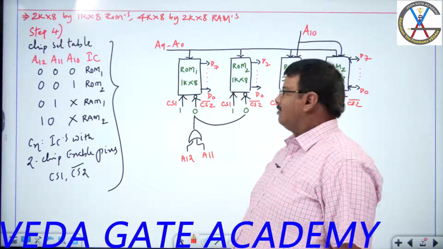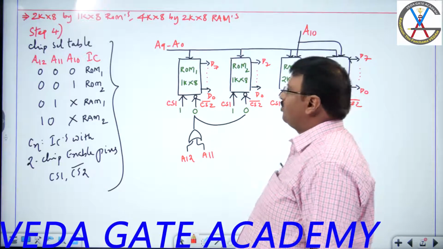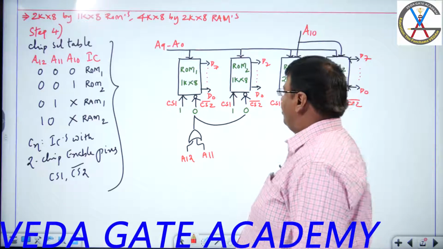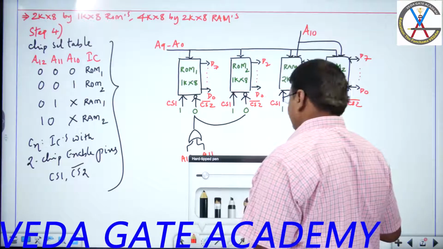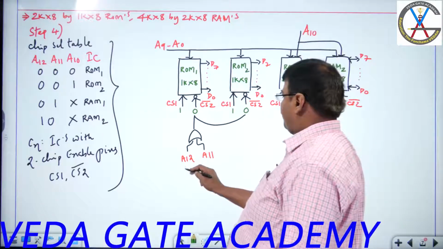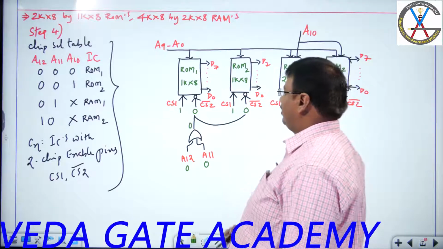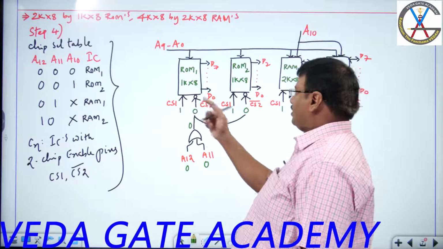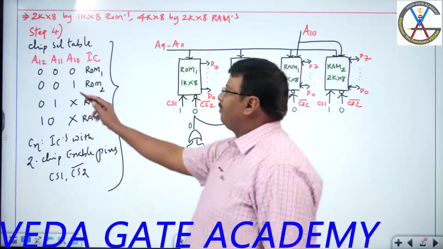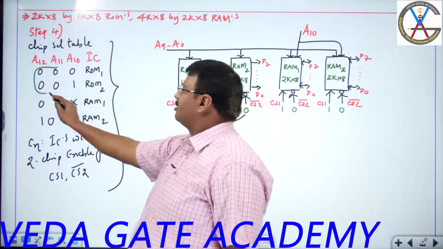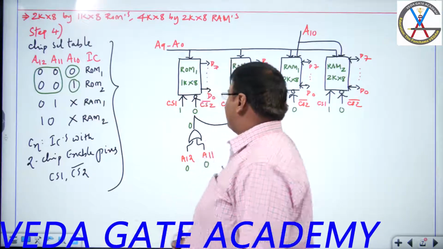Very good. A10 0 goes to the first one, A10 1 to the second one. When A12 and A11 are both 0, our output is 0, so this will enable both of them. Now A10 0 is the first IC, A10 1 the second IC.